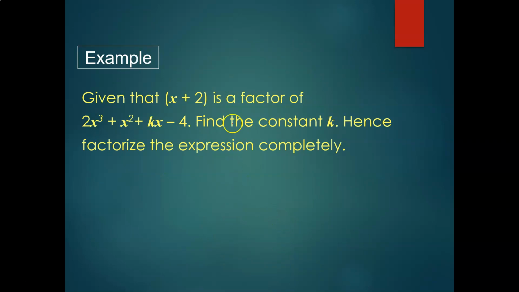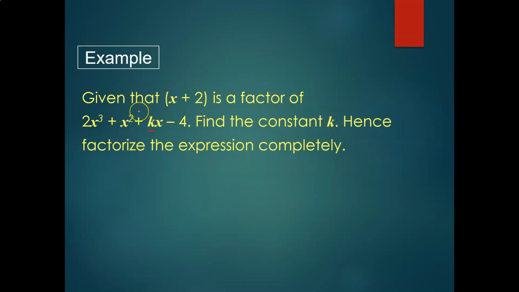Another example, given that x plus 2 is a factor of this polynomial, find the constant k. Hence, you have to find the constant k first, and then you have to factorize the expression completely. It asks to factorize as well. Okay, we go one by one.